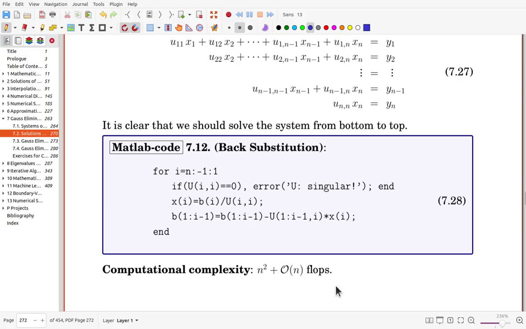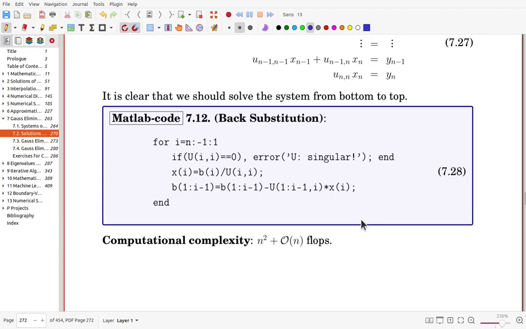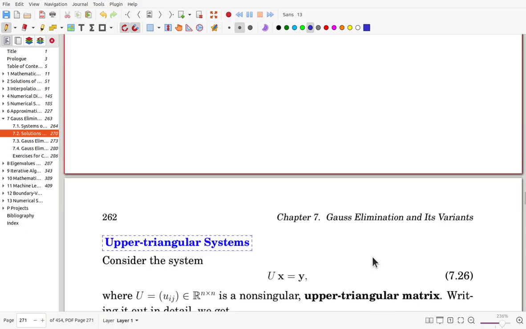So eventually, the number of required operations is n squared. Now, this forward elimination and back substitution is a sort of optimal. The computational cost is minimum. It cannot be smaller than this cost.